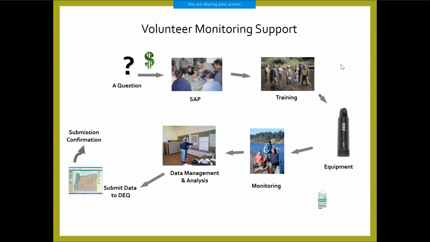We provide training to groups to get more familiar with their monitoring methodologies. We provide equipment and supplies for the monitoring. We are available to conduct quality assurance visits and help with monitoring questions, troubleshooting problems that you have, and also providing split sampling and things like that to verify quality assurance.